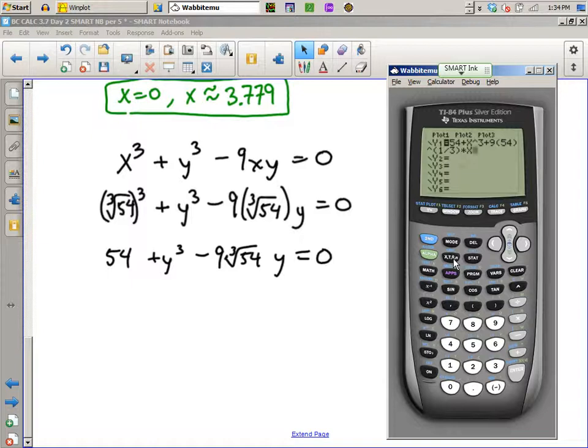Now, I'm typing x because I can't type y, but it shouldn't matter. I'm just going to try and get the roots of this equation. So here comes a graph. Make sure I type that right. 54 plus x cubed minus, I typed a plus there, no wonder. There we go.